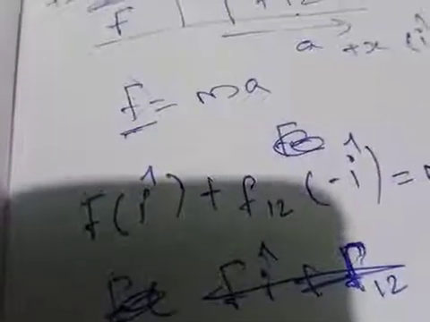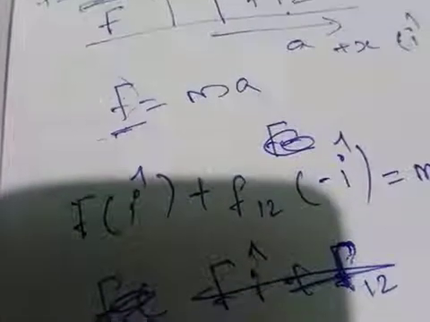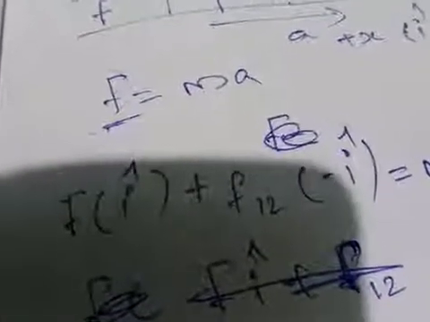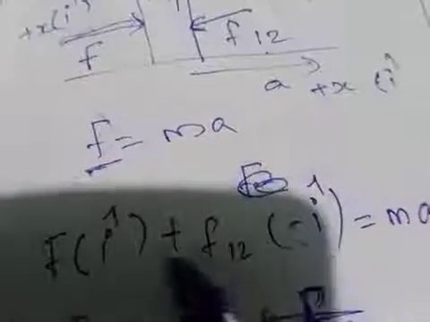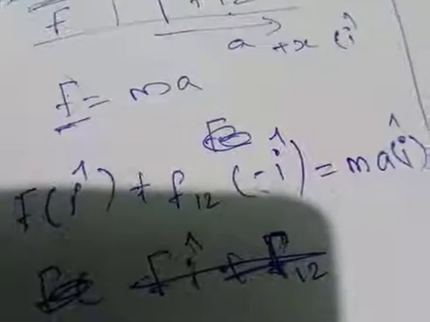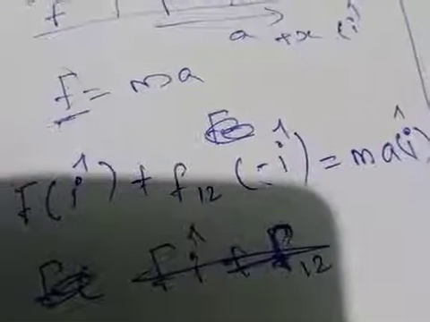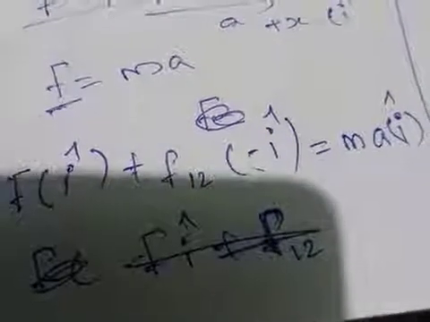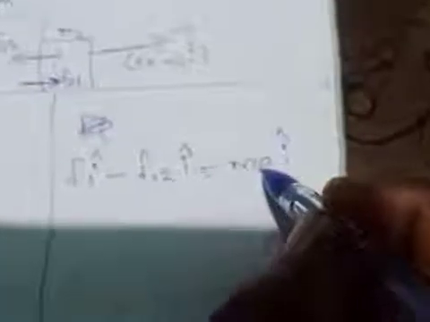So I am writing here this equation: F i unit vector, then minus F12 i unit vector equals M1 A i unit vector. So this is the equation, and here the mass is M1.